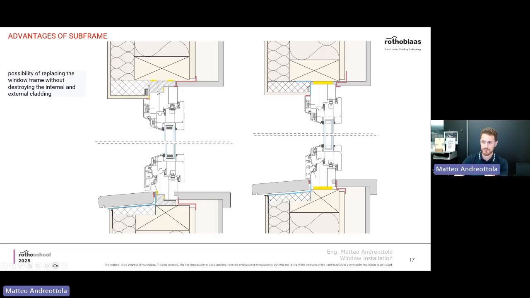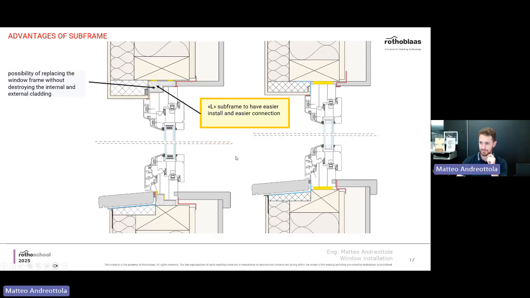So you really need the subframe for finalizing your detailing of waterproofing and airtightness before the window arrives. That means you use it just if you're not the provider, for example, of the windows, if you're unsure how long the windows are going to take to arrive on site, if you don't want to risk that, and so on and so forth.